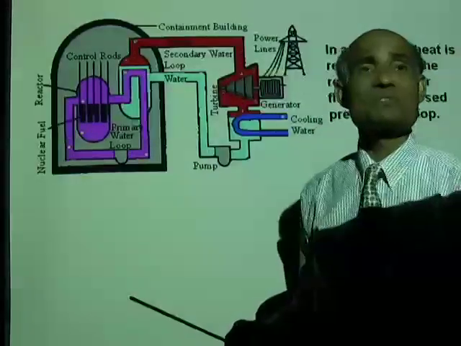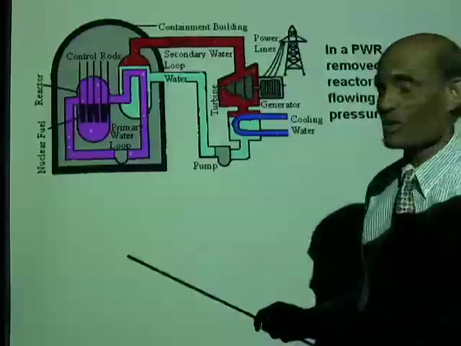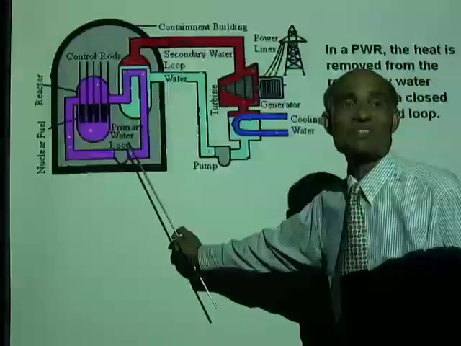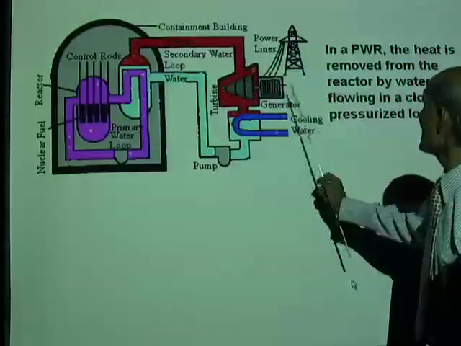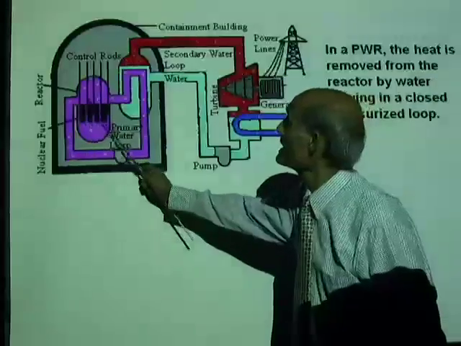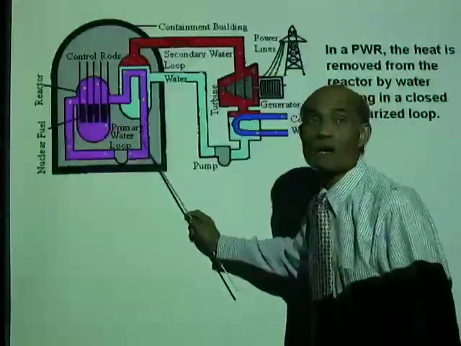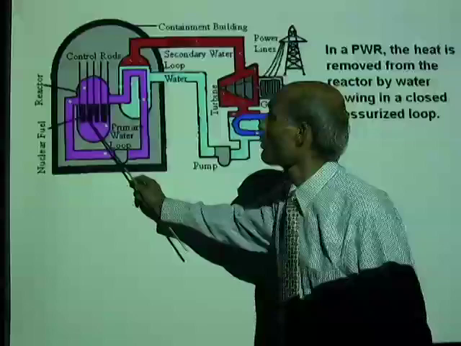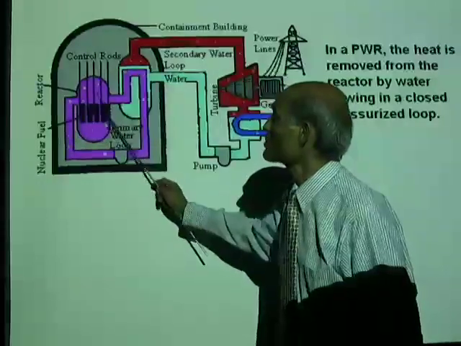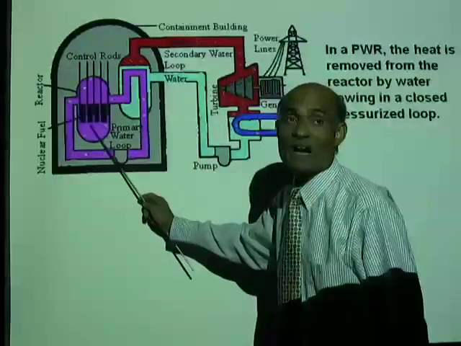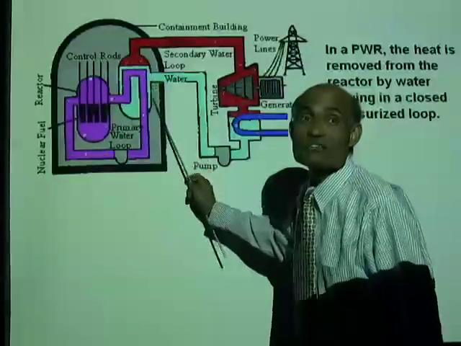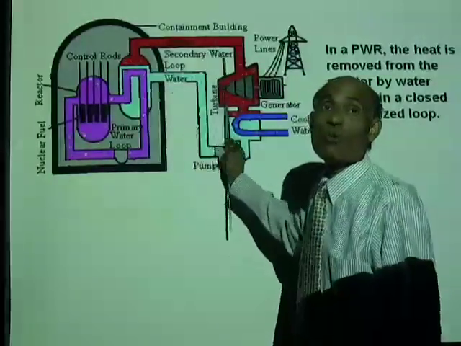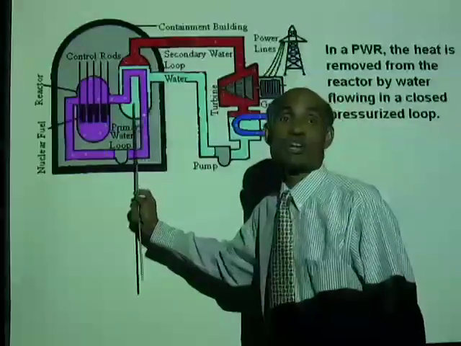Well, in a PWR, that is pressurized water reactor. This is a pressurized water reactor. The heat is removed from the reactor by water flowing in this pressurized chamber. This purple color is the pressurized water chamber that removes the heat and then transfers it into the secondary water circulating.